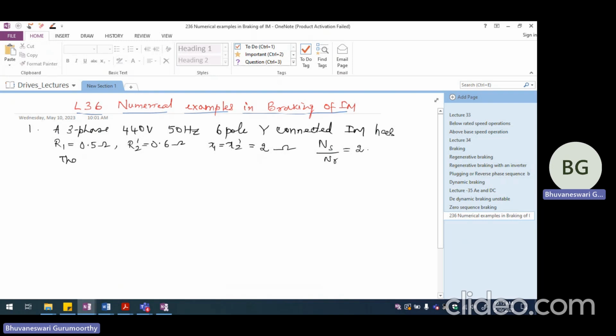So the machine is going through regenerative braking.